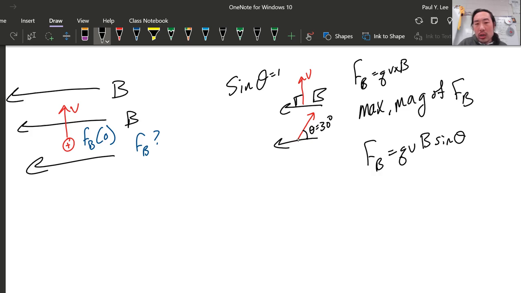So if the charge is not moving perpendicular to the field, what you get is a reduced magnitude of the force. So here, your F of B would be half as strong. Okay, so it won't feel as much force.